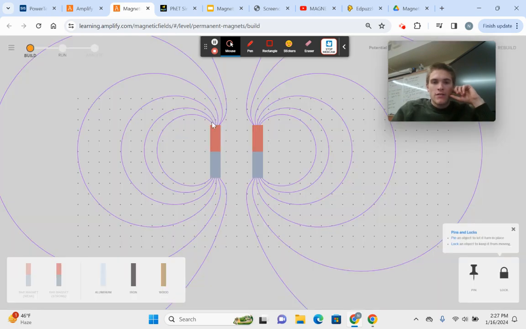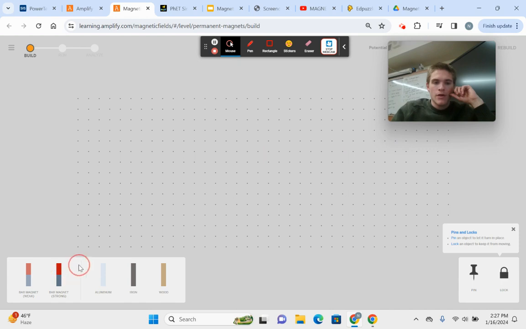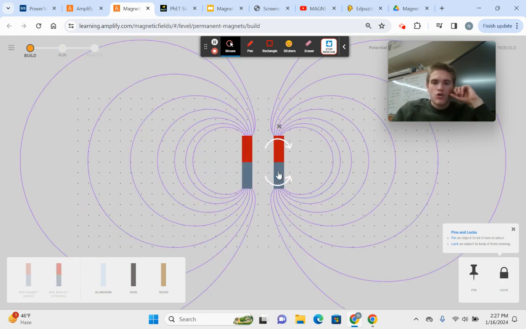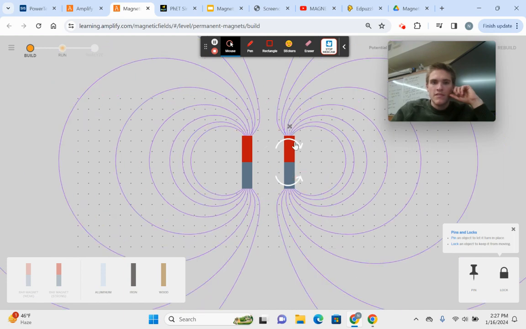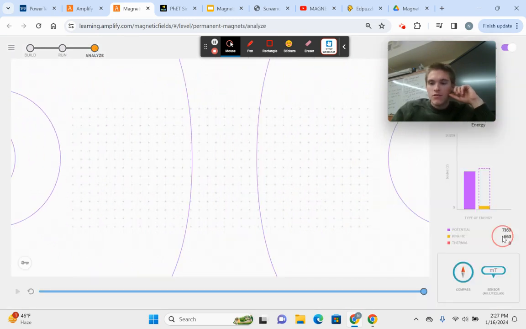When I go back to building and I get rid of these, and I put two bar magnets together that are stronger, same distance apart, and I hit run, they have 663 joules of kinetic energy.